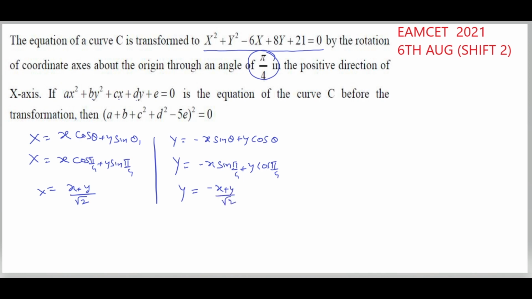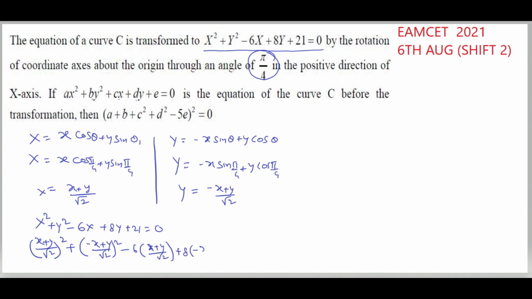Substituting these values in the given equation x square plus y square minus 6x plus 8y plus 21 is equal to 0, that is, x plus y by root 2 whole square, plus minus x plus y by root 2 whole square, minus 6 into x plus y by root 2, plus 8 into minus x plus y by root 2, plus 21 is equal to 0.